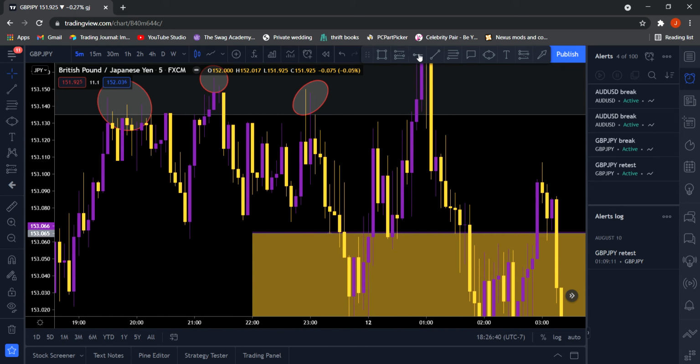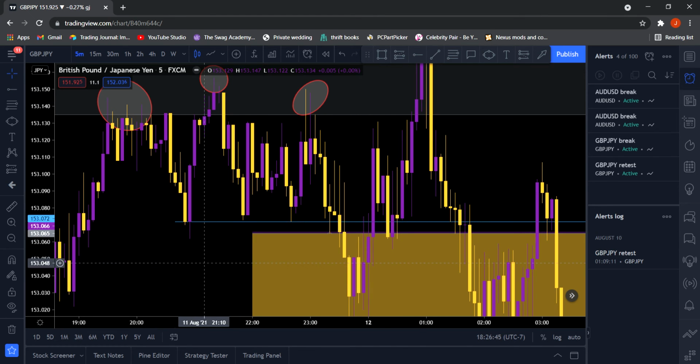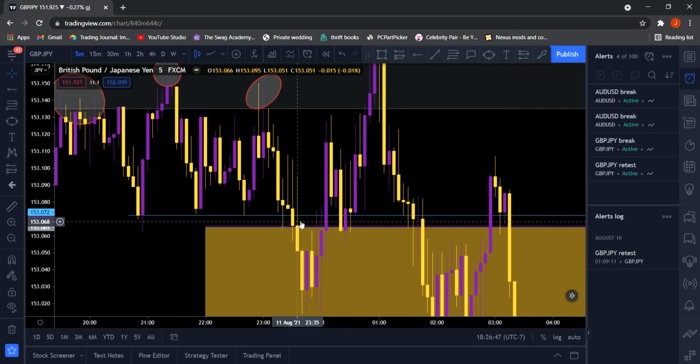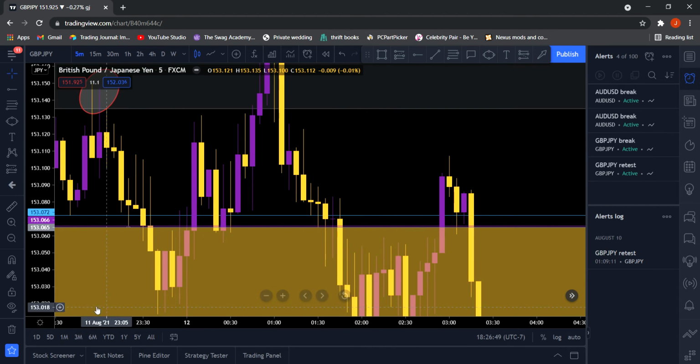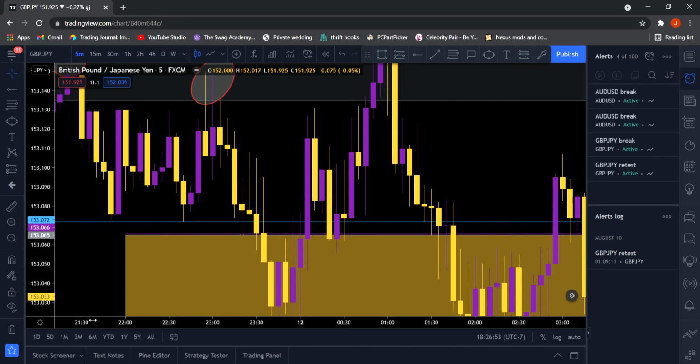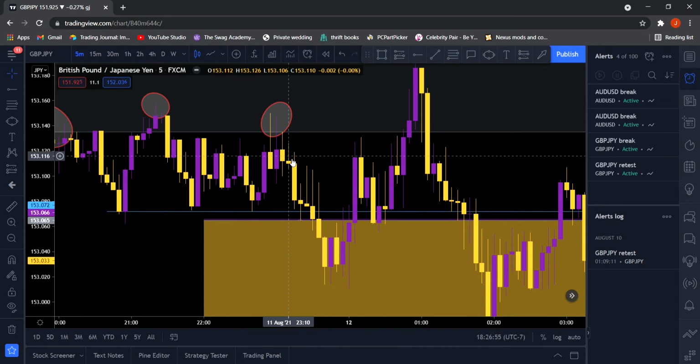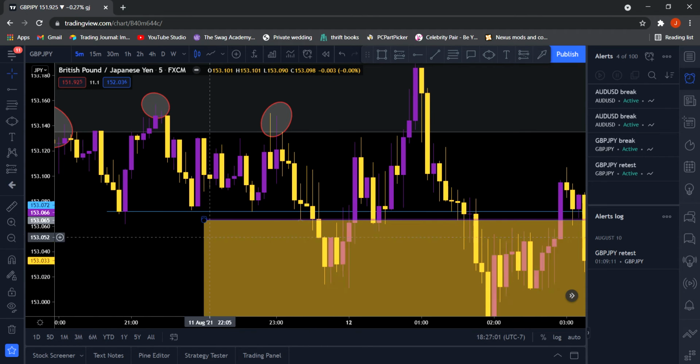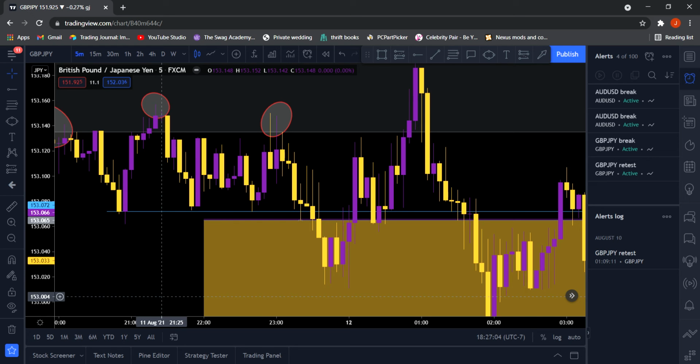I waited for price to break this low, and so right over here, this candle right here is what broke the low, and also you got this big bearish candle followed by all of these long upper wicks showing that price wants to head down.